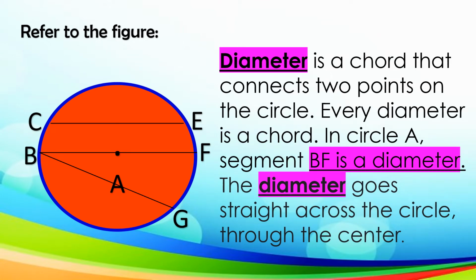Diameter is a chord that connects 2 points on the circle. Every diameter is a chord. In circle A, segment BF is a diameter. The diameter goes straight across the circle through the center.